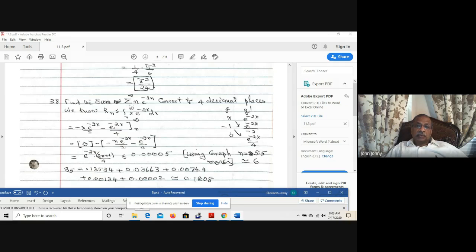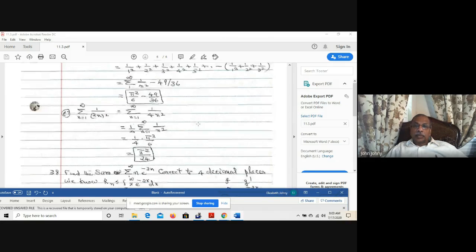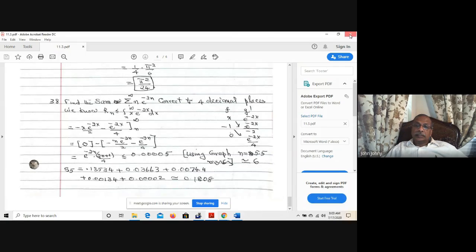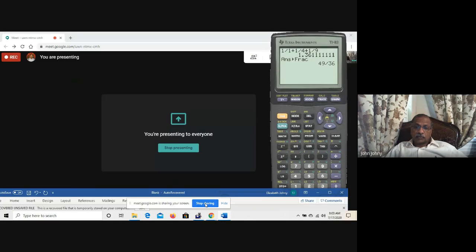You use the calculator, add the first 5 terms, and then you get 0.1808. This is rounded correct to 4 places of decimals, because the remainder after n terms is evaluated by using the integral test. Okay, so that is the end of that section.